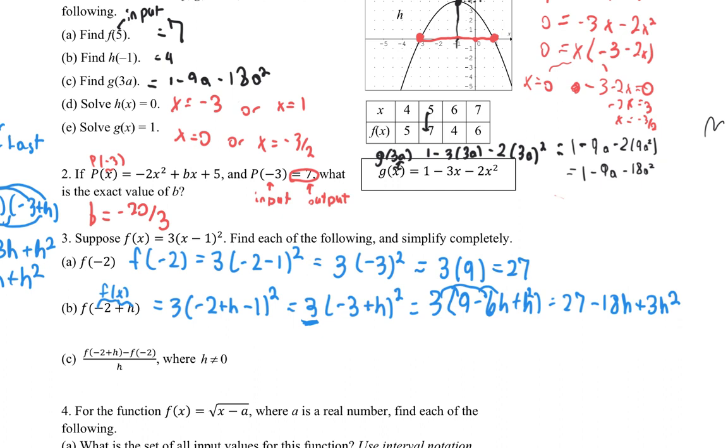Okay. Now, next up, what we can do is f of negative 2 plus h minus f of negative 2 over h, where h is not equal to 0. So I'll take the second one we did, this big one, put that on top.